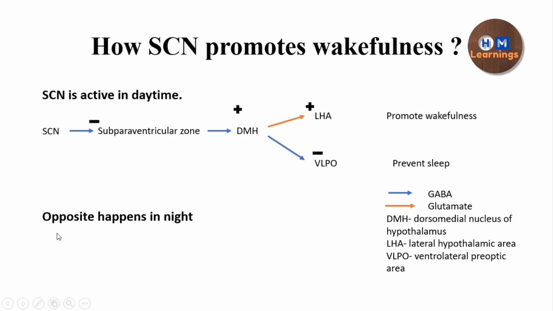And during the night, what happens? No light clues are coming, or you can say less light clues are coming, so the suprachiasmatic nucleus is less active. So this inhibition on the subparaventricular zone will be lost, and there will be induction of the sleep.